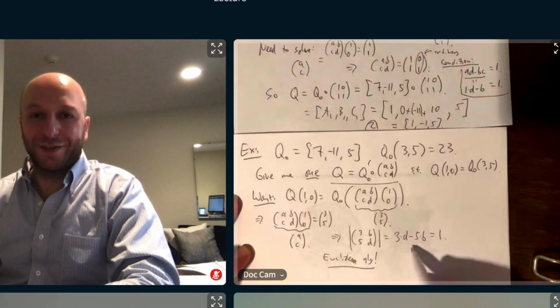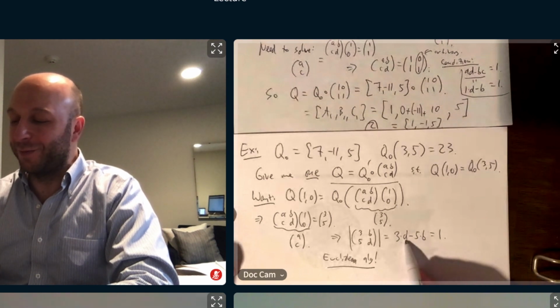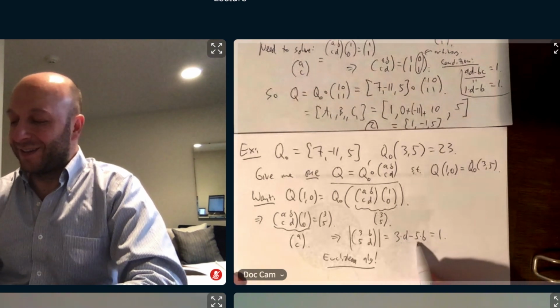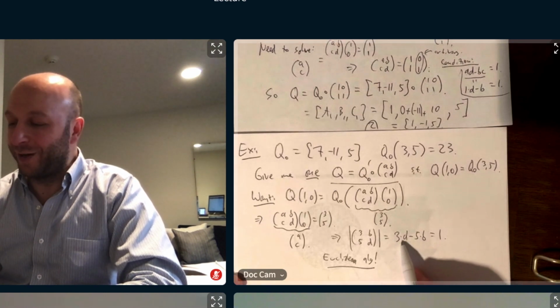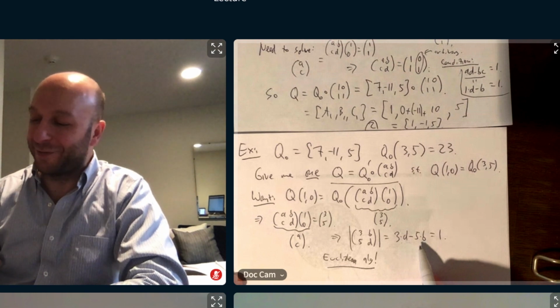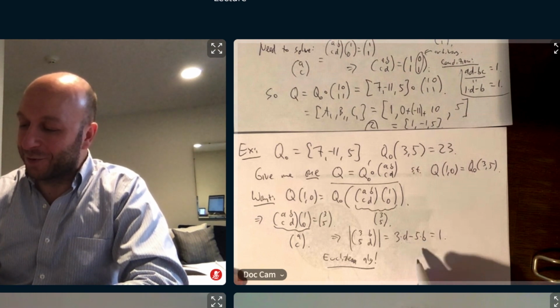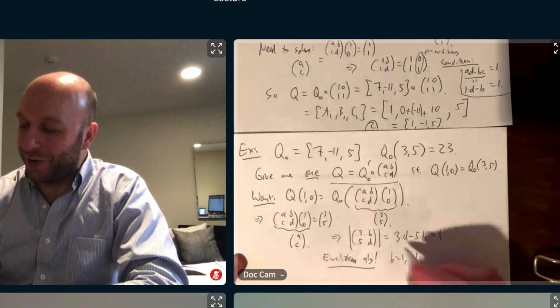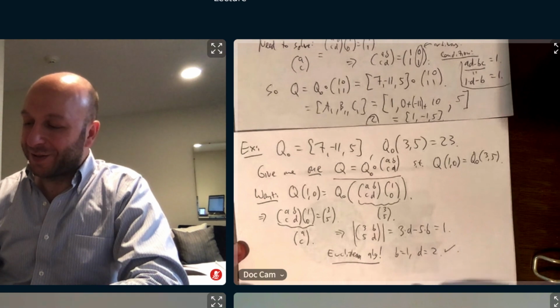In this case, in the interest of time, let's do it a little bit faster than Euclid would do. 10 is 1 more than 9, 2 and 1. 6 is 1 more than 5, that's even better. Thanks, Chang. So B equals 1 and D equals 2 will do. And so we have the matrix.